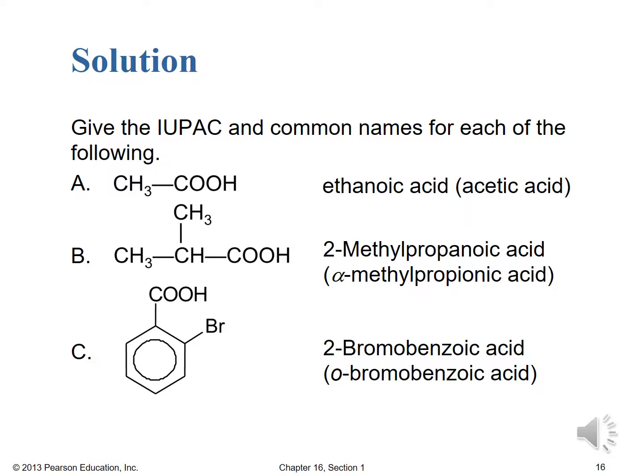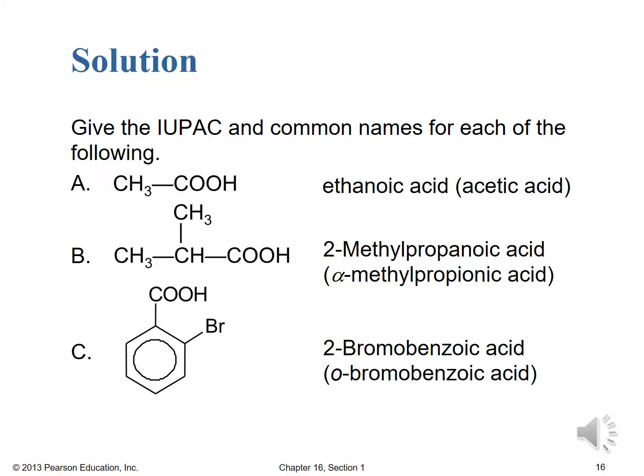For B, now we do have a substituent there. So this one's a 3-carbon chain with, obviously, carbon 1 being the carboxyl group and then a substituent on carbon 2. So it's 2-methylpropanoic acid, or if you're using the non-IUPAC common scheme, we have alpha-methylpropionic acid.